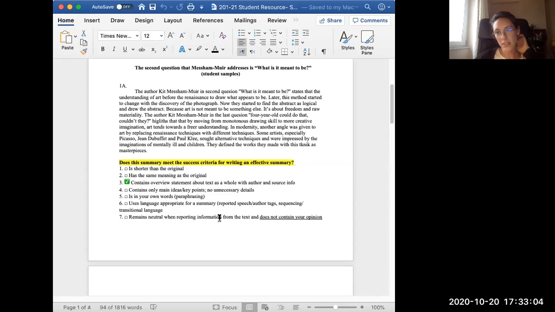Did anybody else look at example 1A? Does any other group have any comments about example 1A?